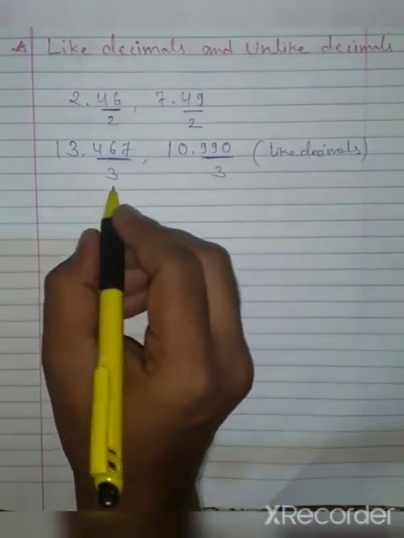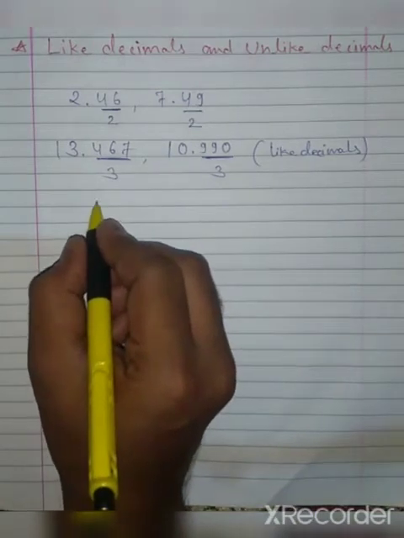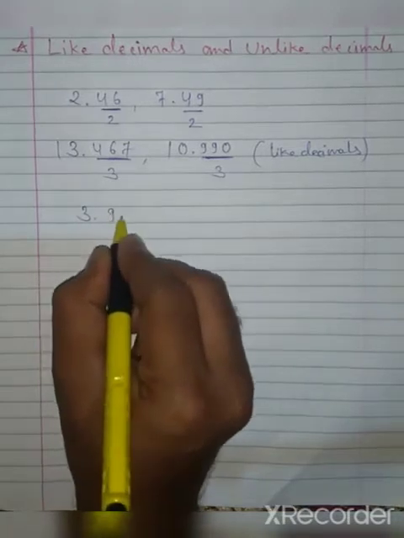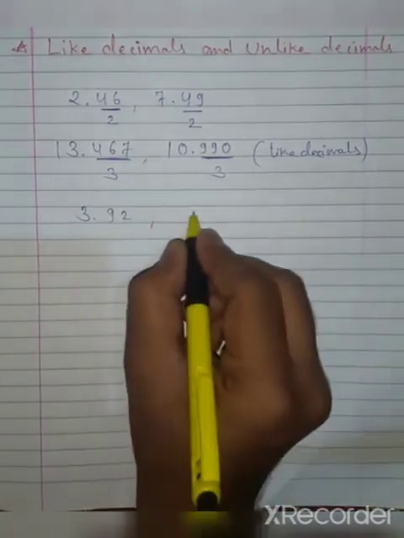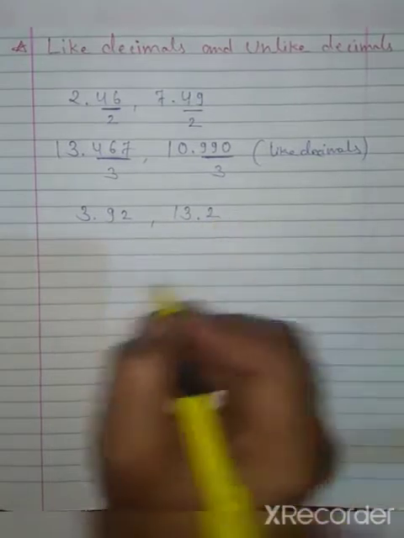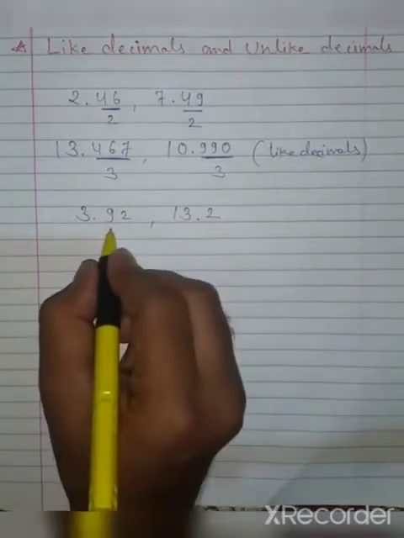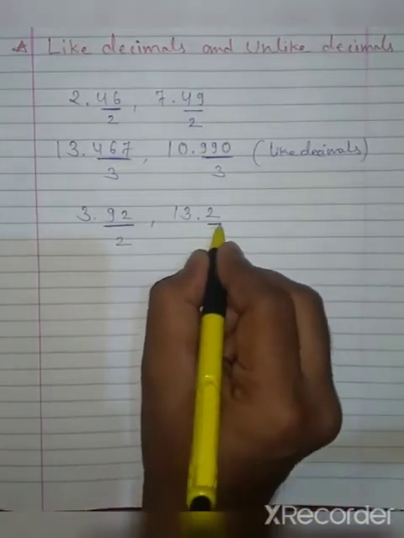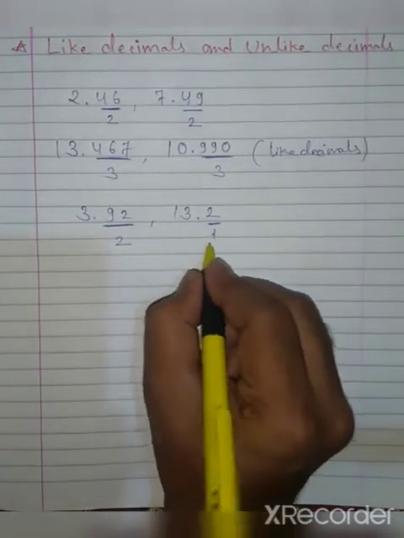And for unlike decimals, it's very simple to identify. 3.92 and 13.2. Here we will compare the decimal places. Here the decimal place is 2, and here only a single decimal place, 1.